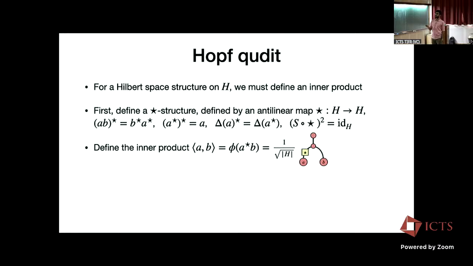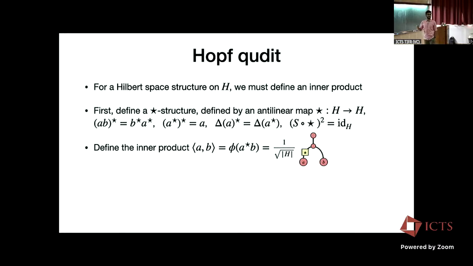I just turn A into its star, multiply with B, and then take the dual of the integral, so the dual of the Haar. So this whole thing gives you a number. You start with two things in the Hopf algebra, and you contract with this function that ends up giving you a scalar. The normalization is such that the unit has a unit norm under this, but it's not super important.